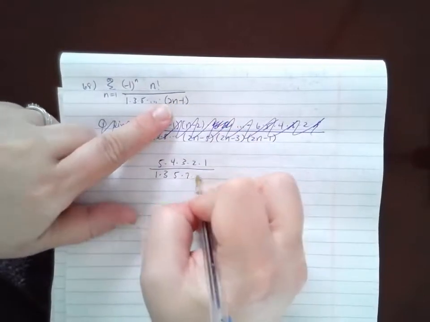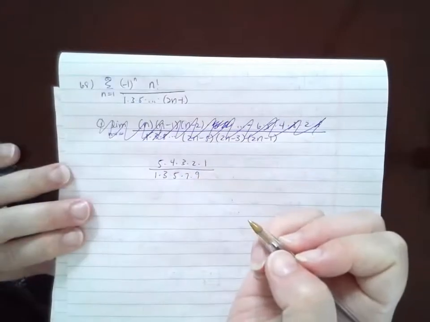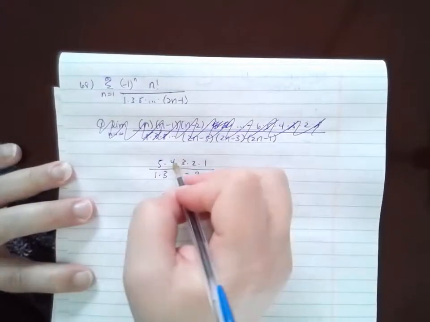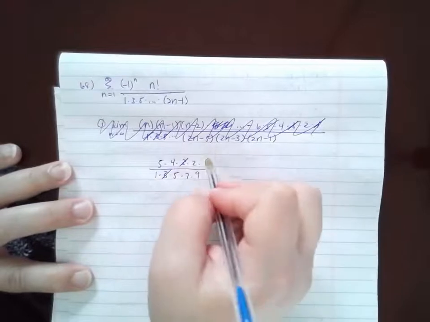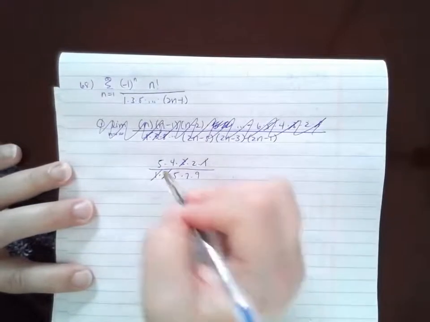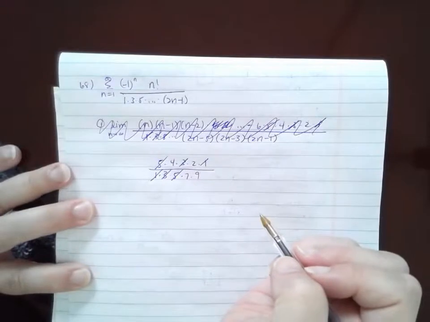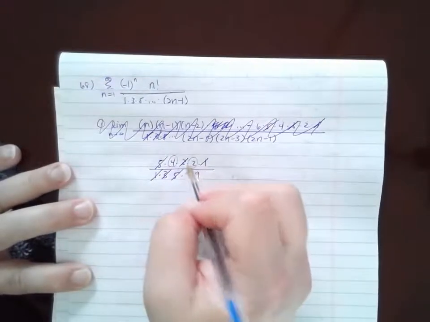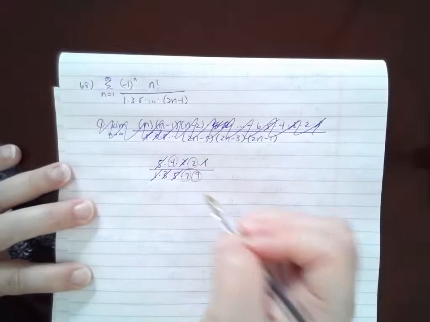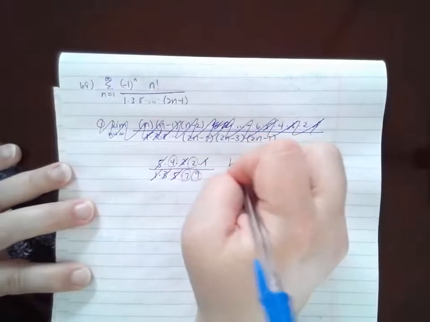So I'd have to go up to 9. Okay? How would you describe this fraction? And I'm hoping that as you look at it for a little bit, you'd realize that this is bottom heavy.